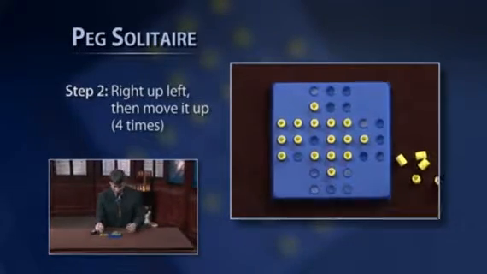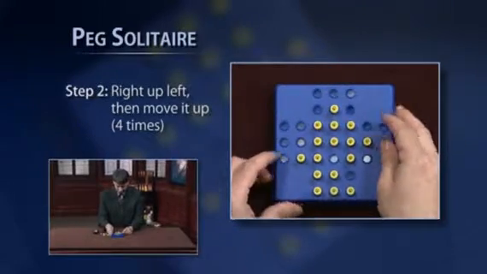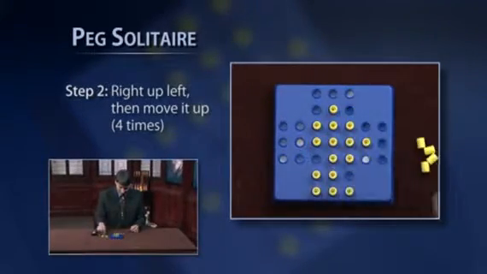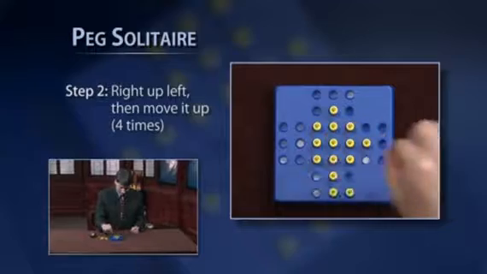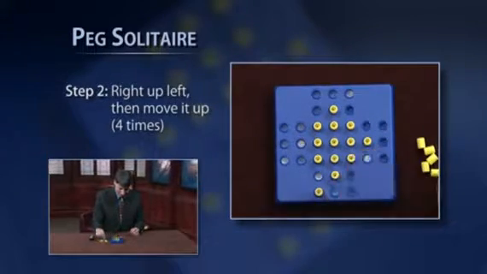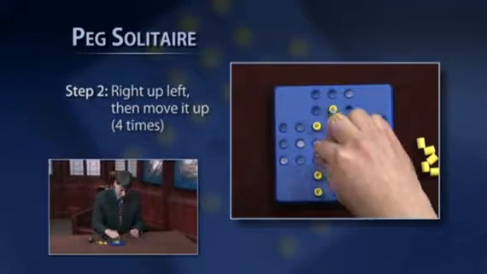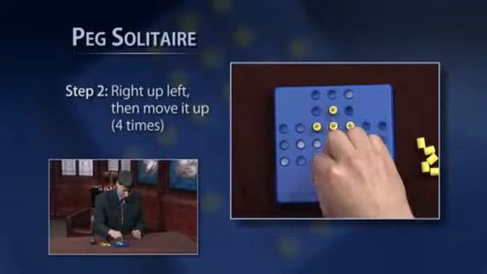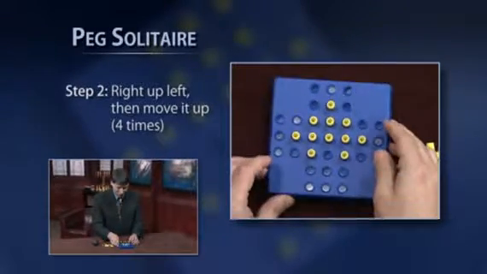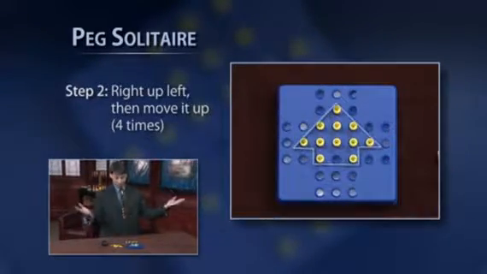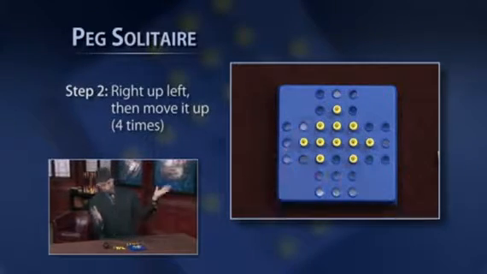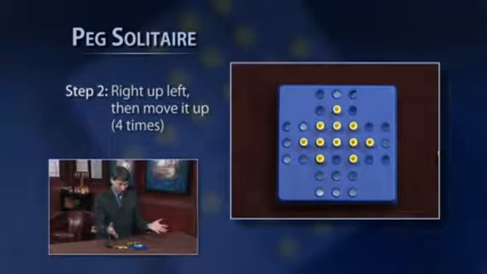Okay, last chance. Rotate, and we have right, up, left, and move it up. And when we do, and I'll rotate it one last time, we have a house, right? Or a Space Invaders character, whatever you'd like.